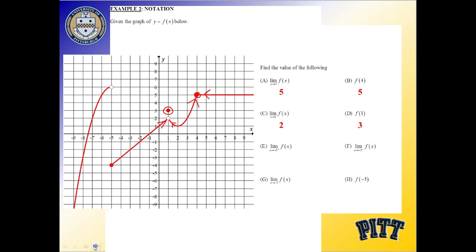Notice that the graph does have a hole here. Sometimes when you have a hole, you won't necessarily have a point where the function assumes a value for that x value. You just may have a hole. This is a discontinuity, though. I mean, when I draw the graph as I approach 1, in order for me to put that dot out there, I do have to lift my pencil off of the paper to draw it.